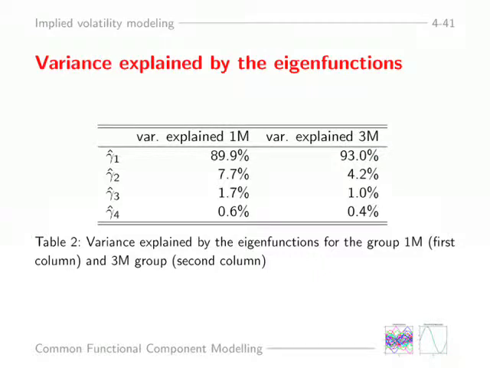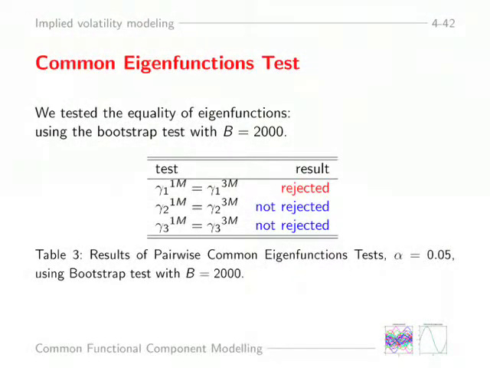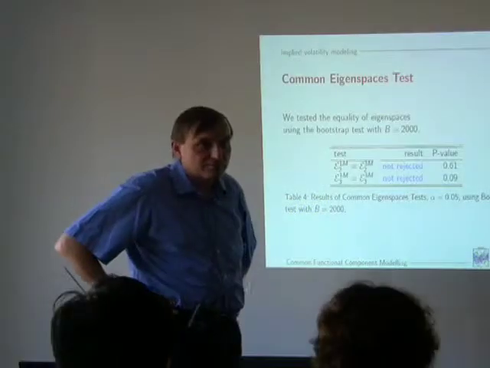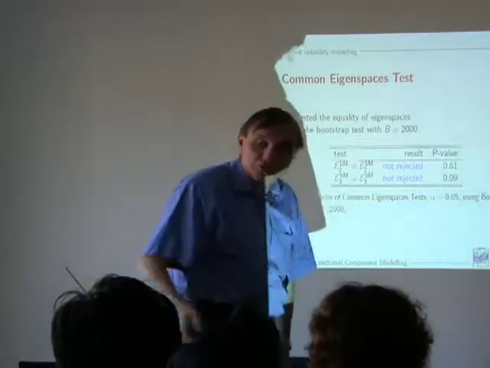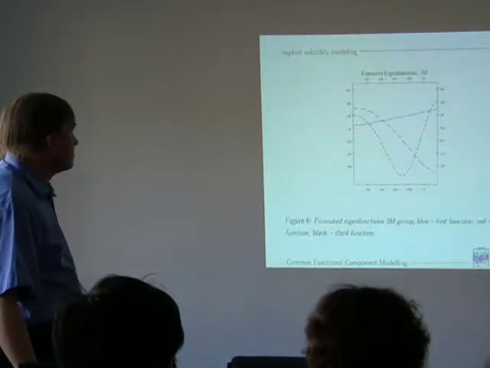The first component explains a lot, 90%. And for the first component, the test rejects equality. Whereas, for example, for the eigenspace, that the first 3 components are equal, that's not rejected. That the first 3 components altogether span the same space, that's not rejected.